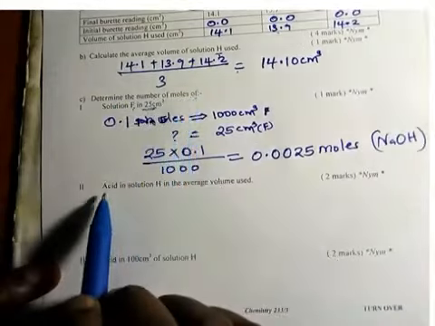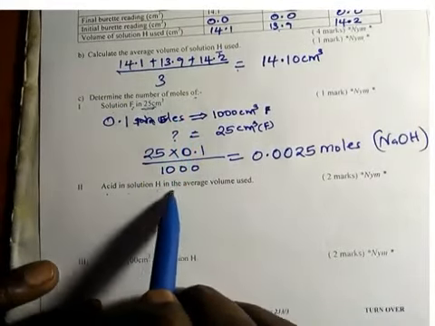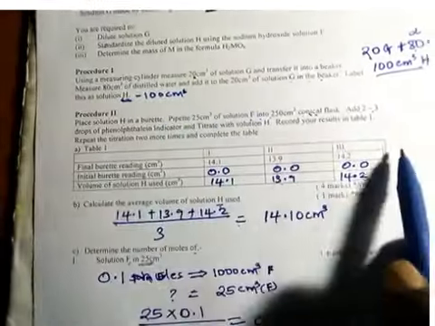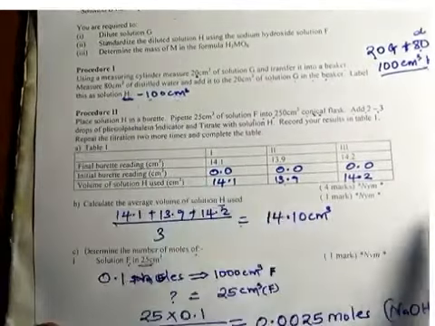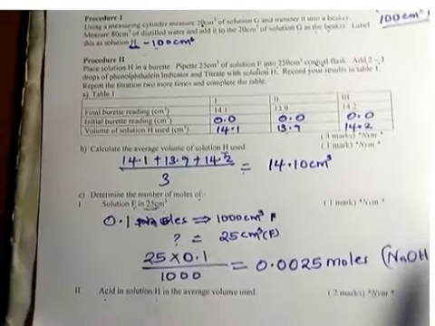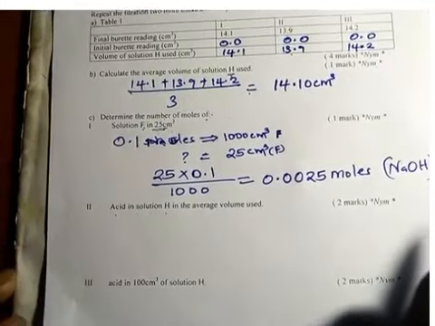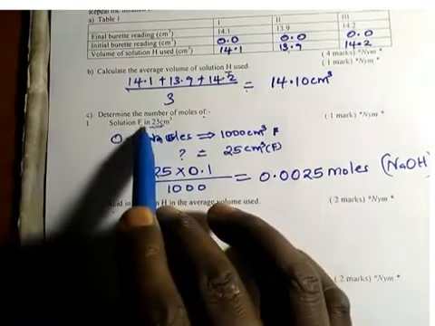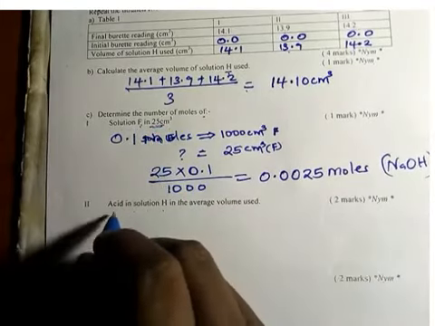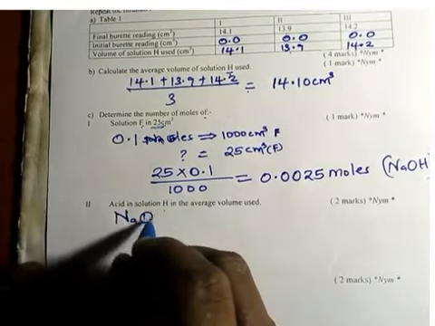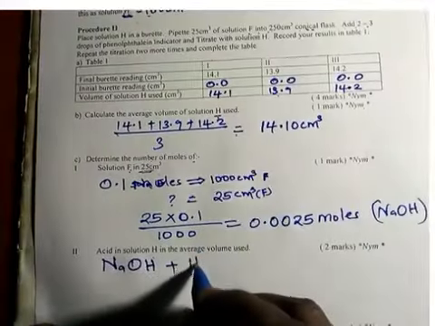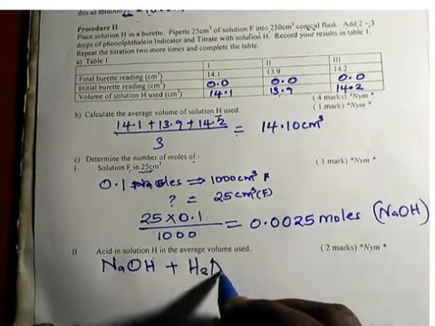Determine the number of moles of acid in solution H in the average volume. Remember, we don't know anything about H at all. We only know about the volume. So for us to know some information about H, we must write the reaction between H and F. F is sodium hydroxide. It reacted with H, which is H2MO6.